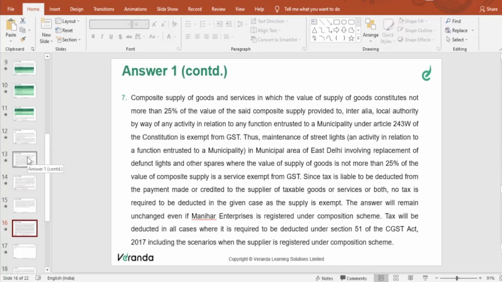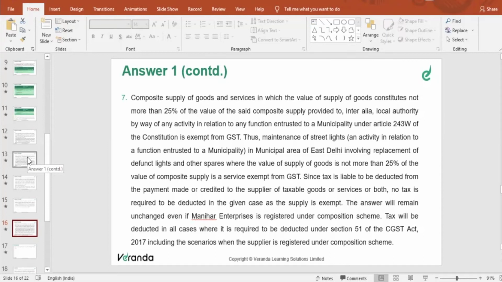Again, we are referring to the exemption chapter. Composite supply in which value of supply of goods is not more than 25% of the value of that composite supply, the total contract value, when provided to a local authority by way of activity in relation to any function entrusted under Article 243W.